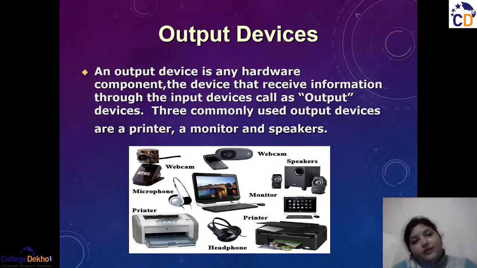We all are using such devices, either input or output devices, but you should know their names. We are giving some input to the computer, some instructions, some commands using input devices. Whereas output devices receive the information and give you the output.